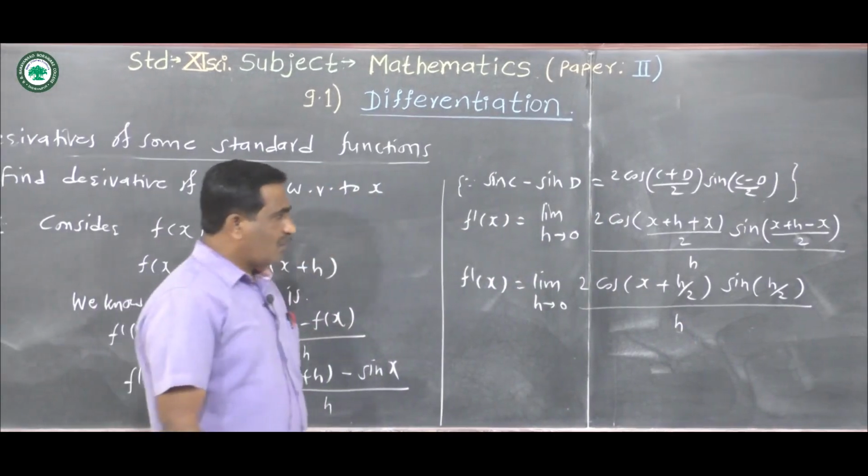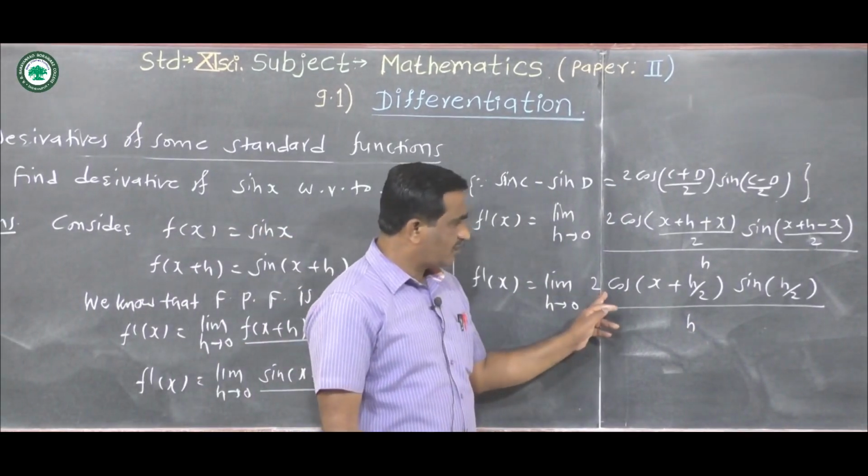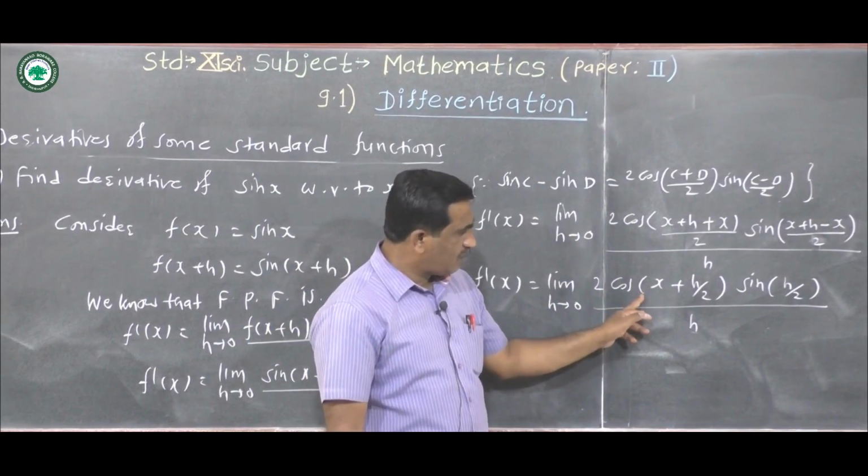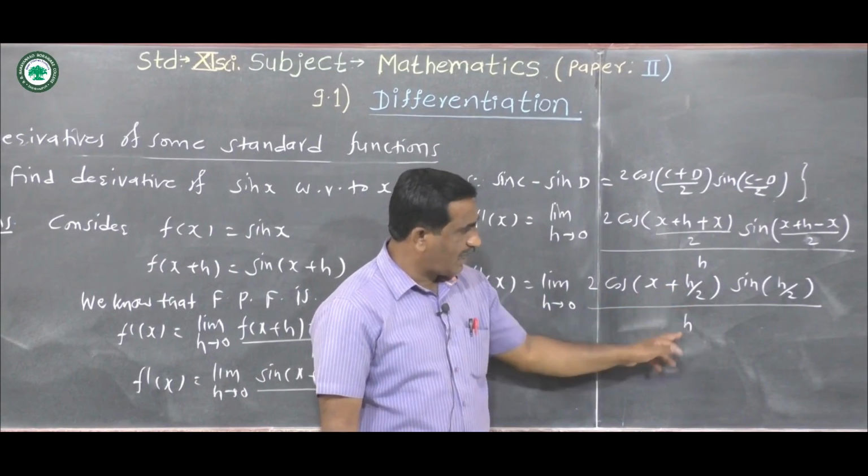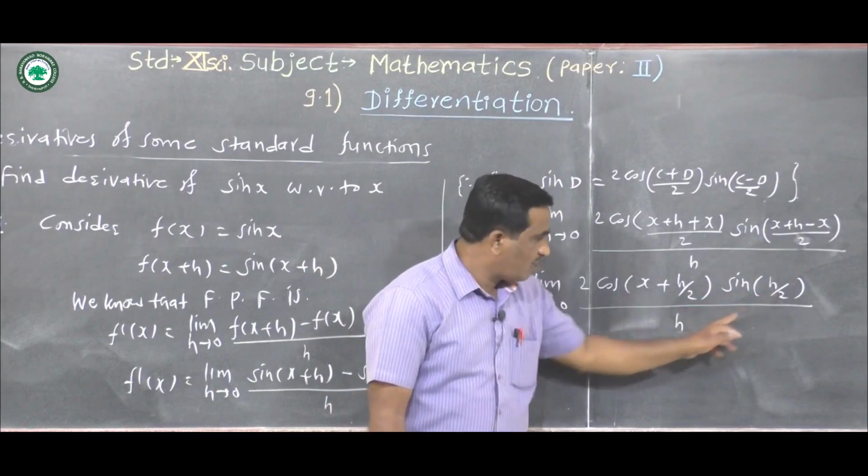Okay, now we can take separate limit for this term cos of x plus h by 2 and sin of h upon 2 upon h.